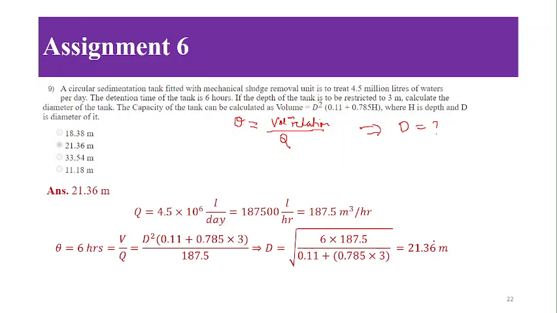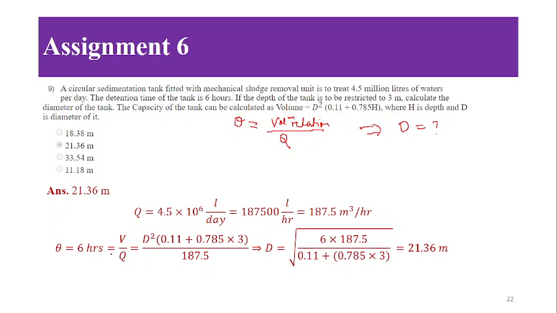So this is the solution given here. Firstly, you convert the flow rate into liters per hour or meter cube per hour. Why? Because the dimensions are in meter as given here. The restriction is to the 3 meters. So here you plug in the h as 3. So firstly, you convert this 4.5 million liters per day into meter cube per hour, which is 187.5 meter cube per hour.